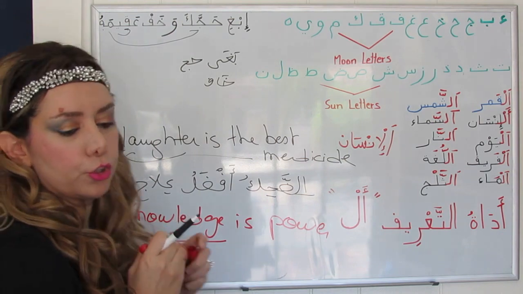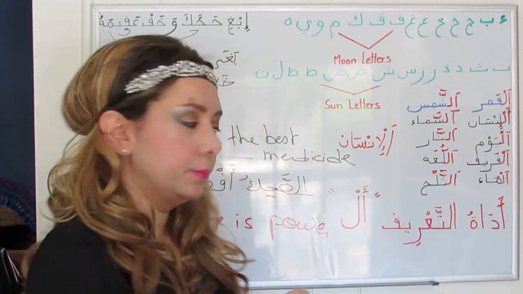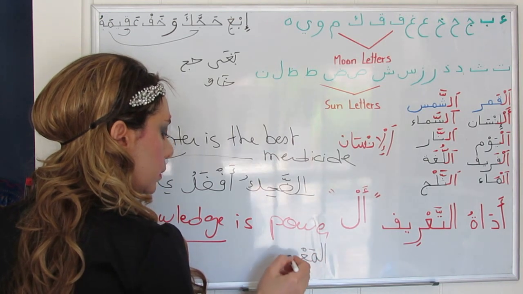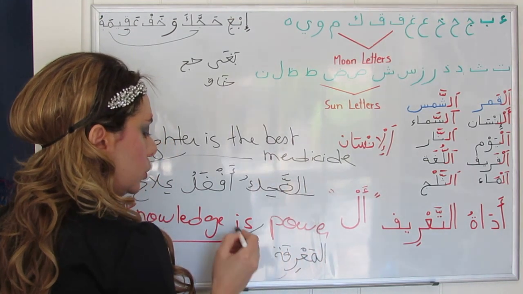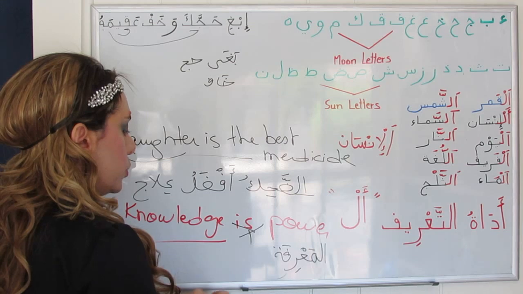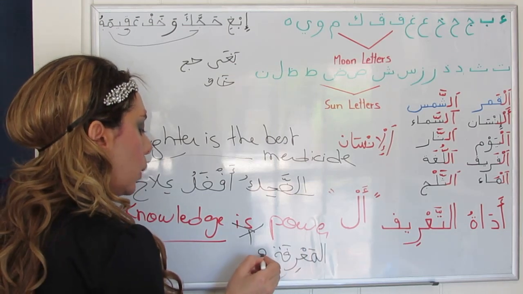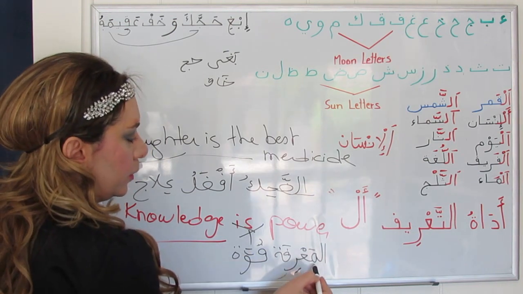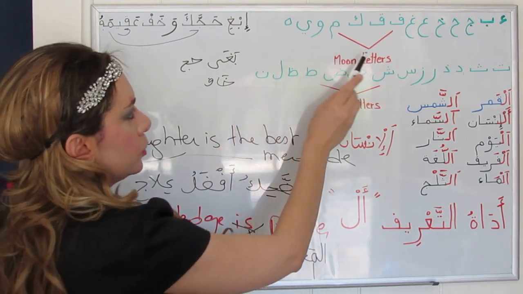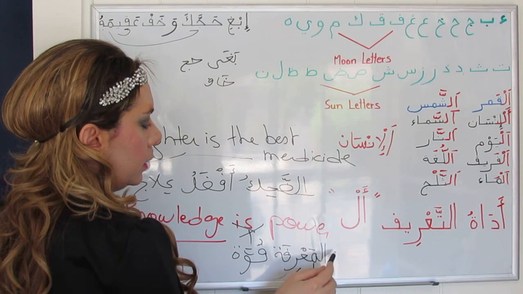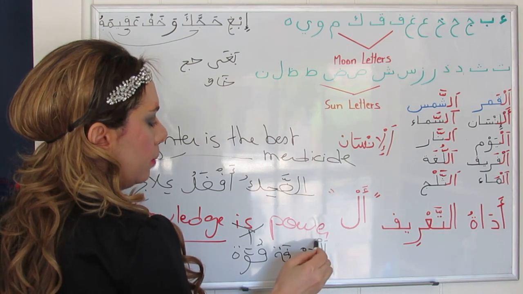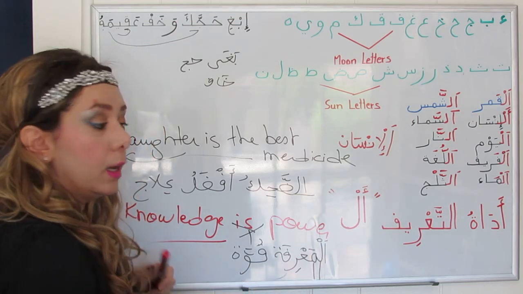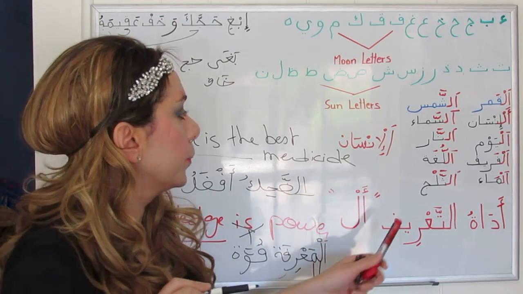So knowledge, المعرفة. We don't use the verb to be in our translation. قوة, power. So here, mim belongs to the moon letters. That's why we say al-ma'rifa. We pronounce the lam. Al.